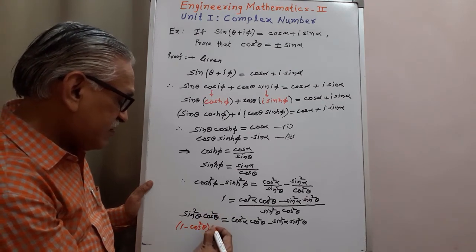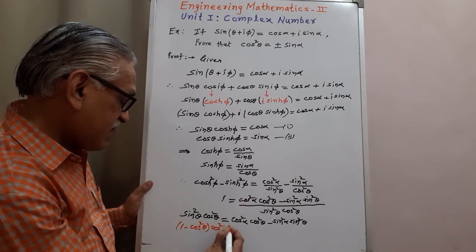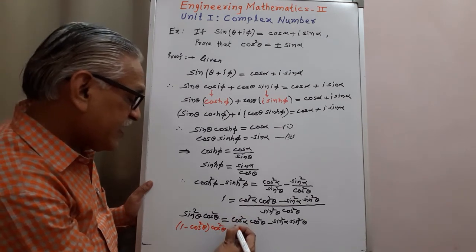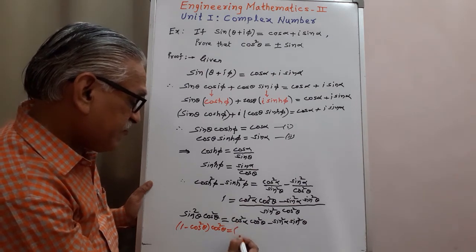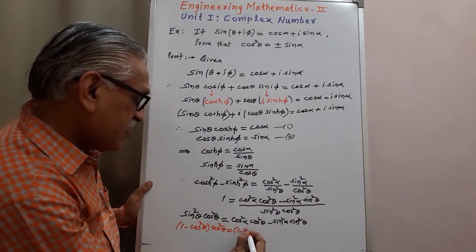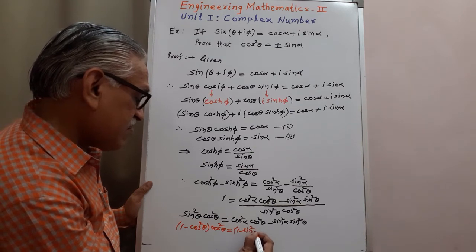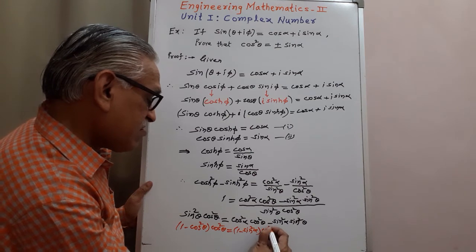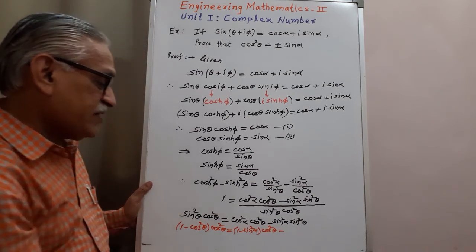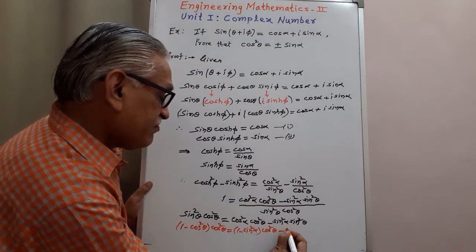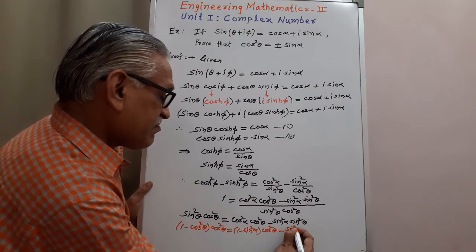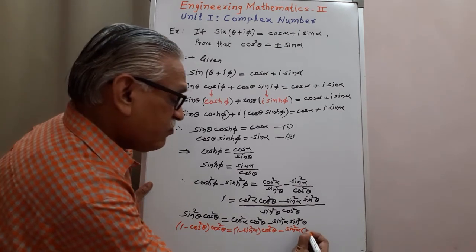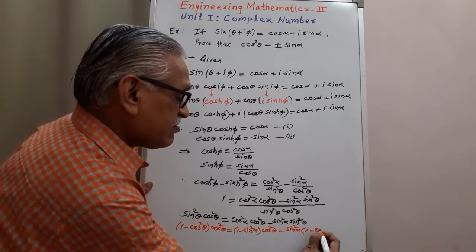into cos²θ is equal to cos²α, we can write as 1 minus sin²α into cos²θ minus sin²α and sin²θ as 1 minus cos²θ.